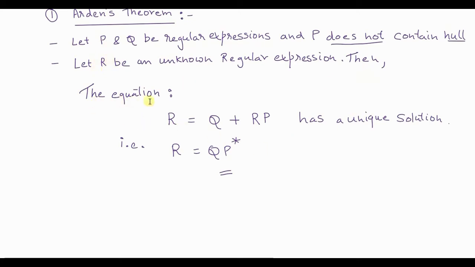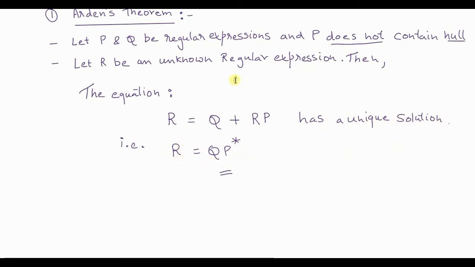Then the equation R equal to Q plus RP has a unique solution, and that solution is R equal to QP star.